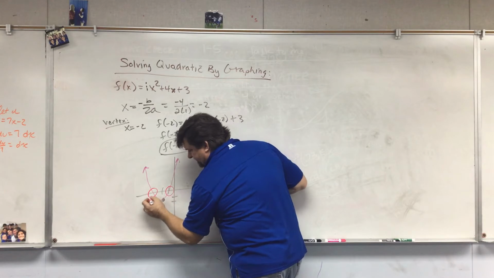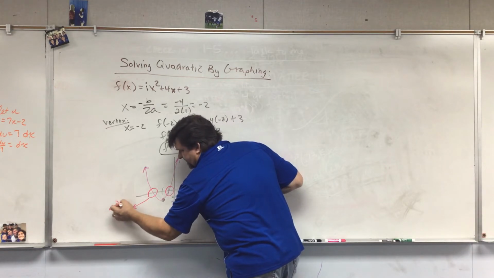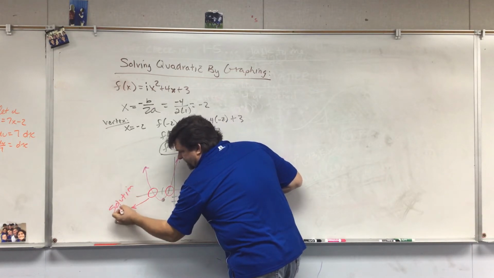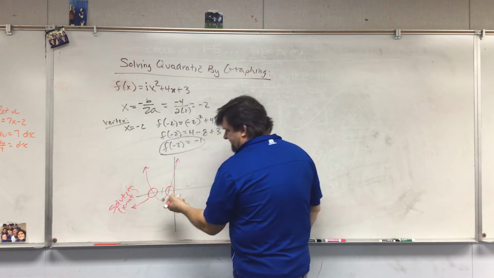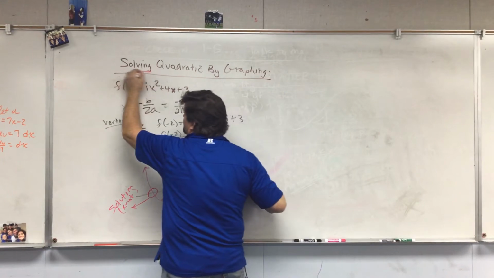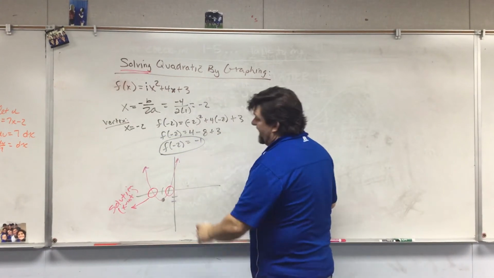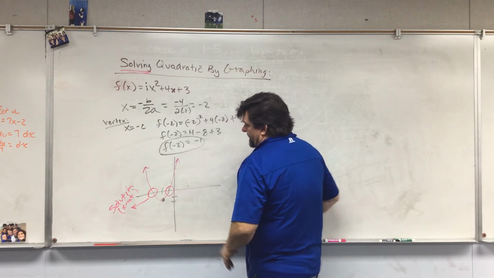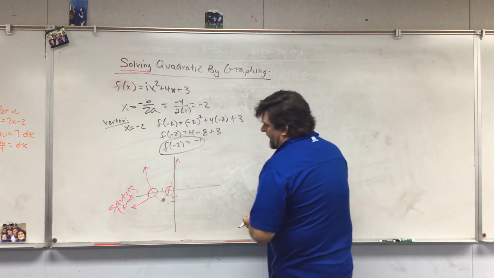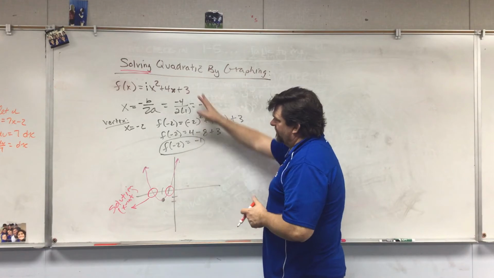Those are our solutions, which are the same thing as our x-intercepts. So our x-intercepts are solutions, and it says we want to solve the quadratic. So we have to find our solutions. Well, there's a couple of ways to do it, and we're going to do it by graphing, and then next week we'll do it by factoring.